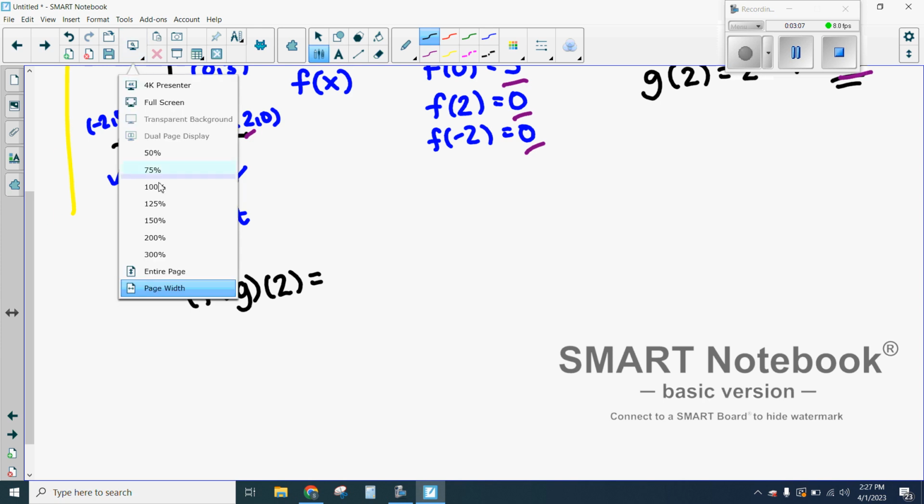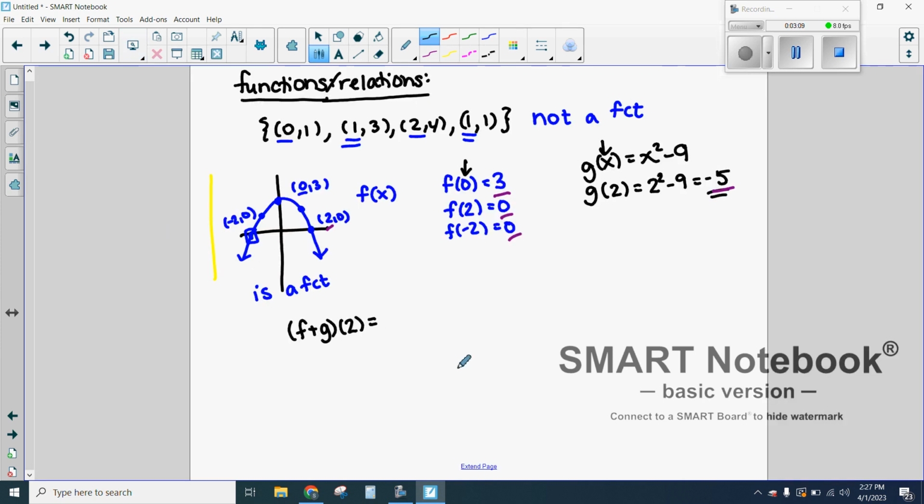I don't know if I can make this where you can see it all. Okay. And so for the blue f that I drew the picture of, the black g that's at the right, oops. Okay, this would be f of 2 plus g of 2. I plug 2 into here, I plug 2 into here, and then I'm going to add those numbers together.